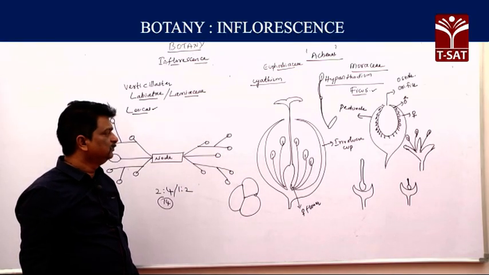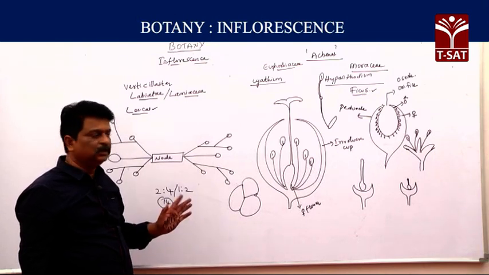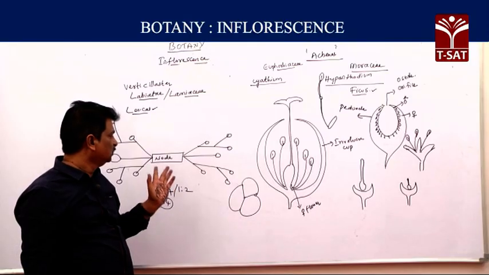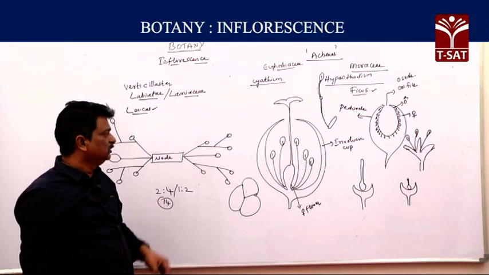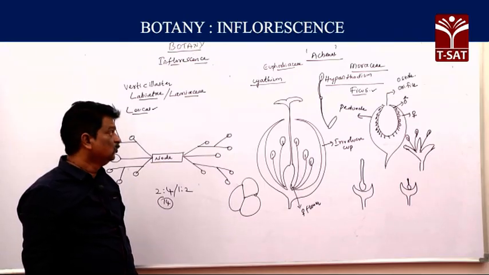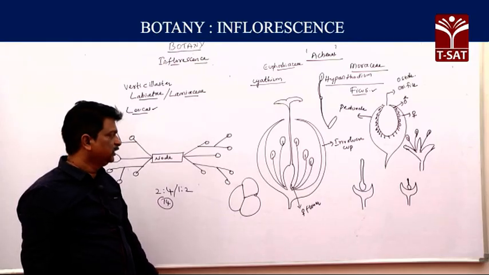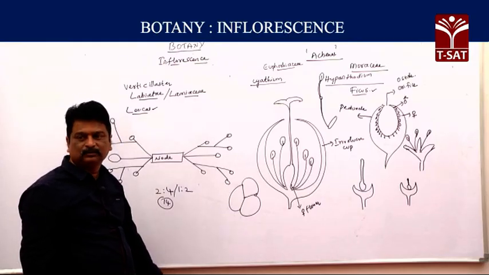In hypanthodium, flowers are sessile. These are the differences. One more, either in verticillaster or hypanthodium, flowers are chlamydeous, perianth members present. Only in cyathium, flowers are achlamydeous, perianth members absent, called naked flowers.